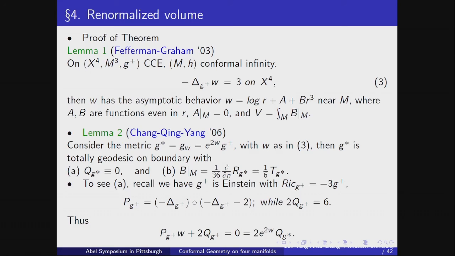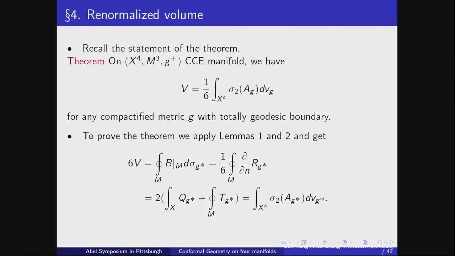Based on that, one can begin to show that this Q curvature is equal to 0, and that T curvature is just a PDE normal derivative, and one can see using the PDE that that's the renormalized volume. So this invariant, in this case, is the renormalized volume in the 4-manifold.